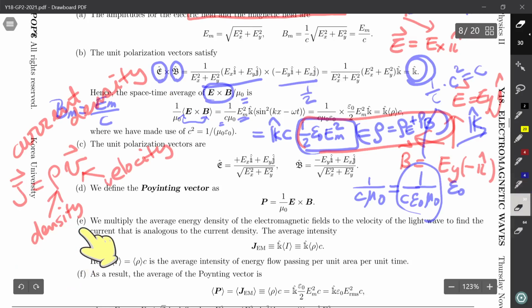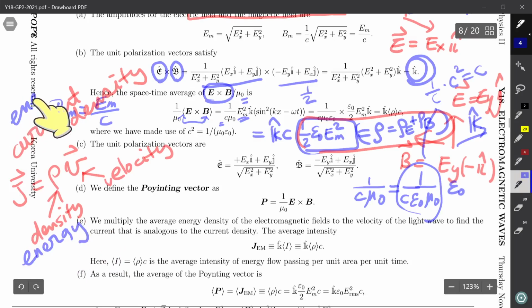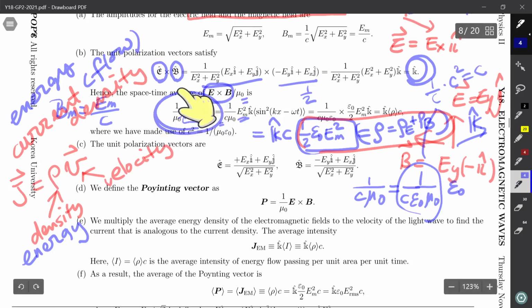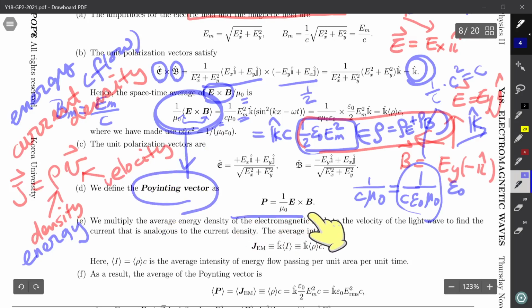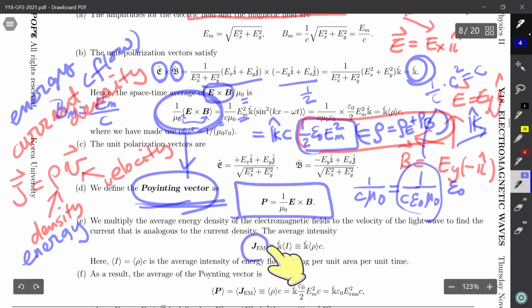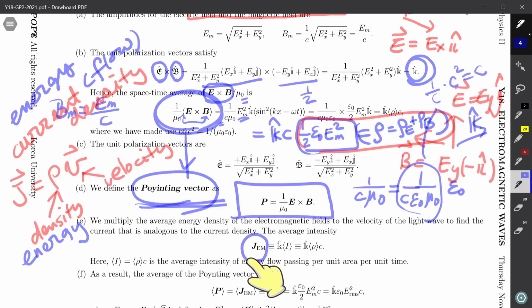If the density is for energy, then it is the energy current or energy flow density. That means this is defined by the Poynting vector, and the Poynting vector stands for the energy density flow in space.